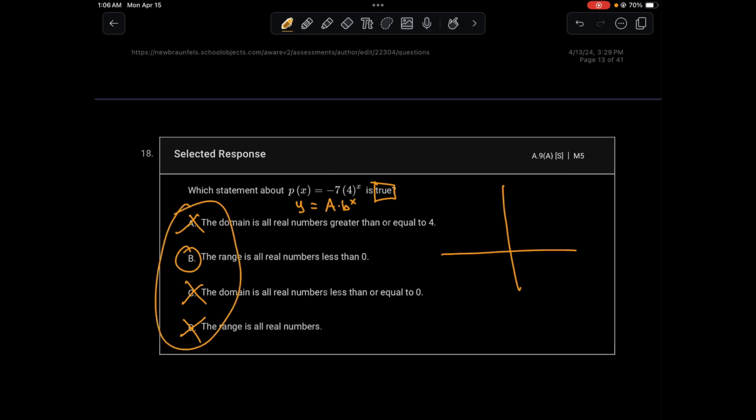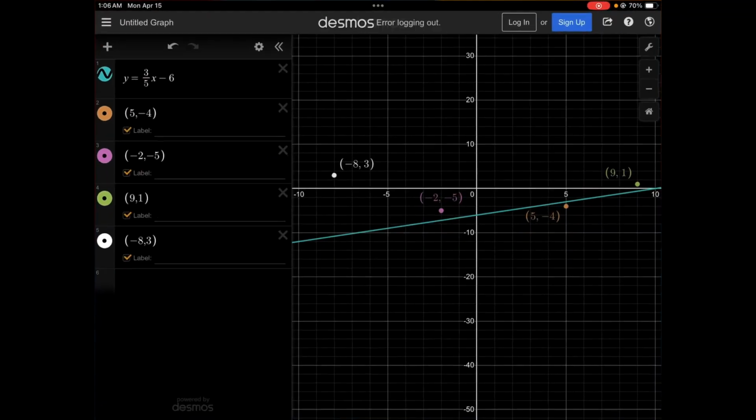Suppose you don't know how to eliminate those answers and you don't know how to confirm that yes, indeed, that's B, then we put it on the graphic calculator. And let's see what happens when we put this on the graphic calculator.